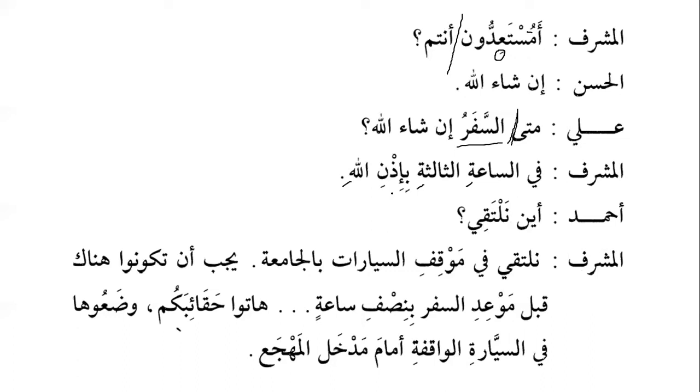So bi-idhni is jar majroor, and idhn is mudaf, and lafz al-jalala is mudaf ilayh. So we know that a noun can be majroor for two reasons. When it comes after the harf jar, so reason number one is here, it is majroor because of ba, and lafz al-jalala is majroor because it is mudaf ilayh. Bi-idhnillah, with the permission of Allah subhanahu wa ta'ala.